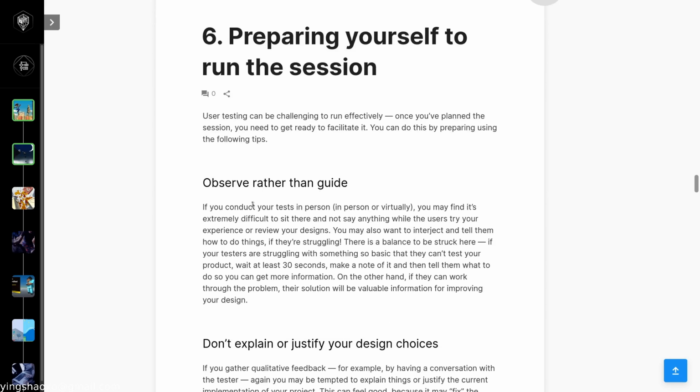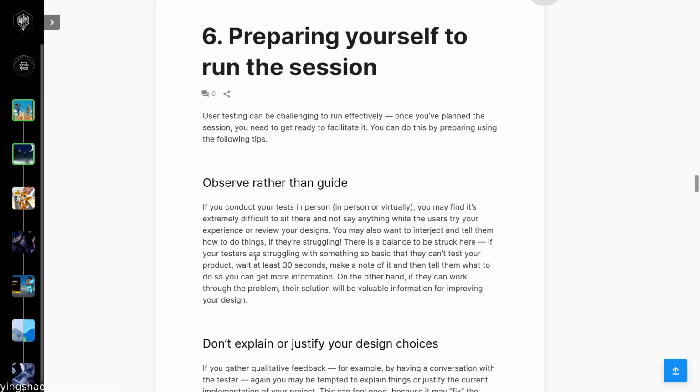Observe rather than guide. If you conduct your tests in person, you may find it's extremely difficult to sit there and not say anything while the users try your experience or review your designs. You may also want to interject and tell them how to do things if they are struggling. There is a balance to be struck there.